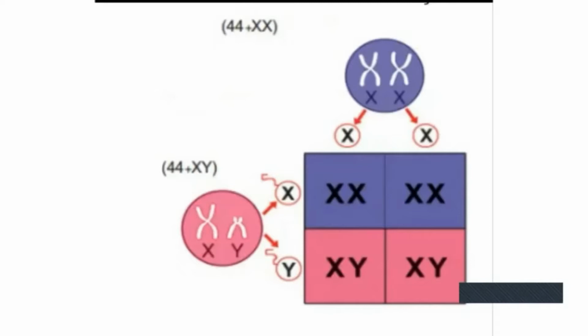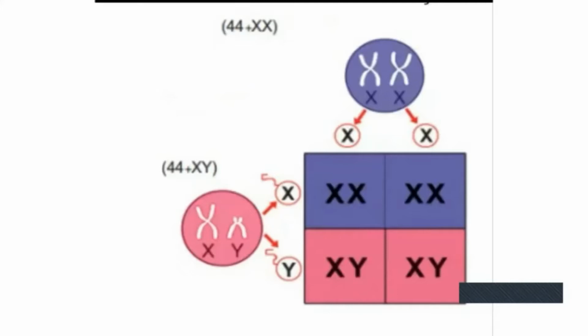During fertilization, when the X chromosome from mother fuses with the X chromosome from father, the child born will be female, because the offspring will have the genetic constitution 44 plus XX.